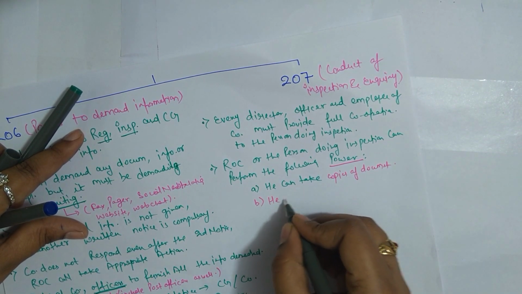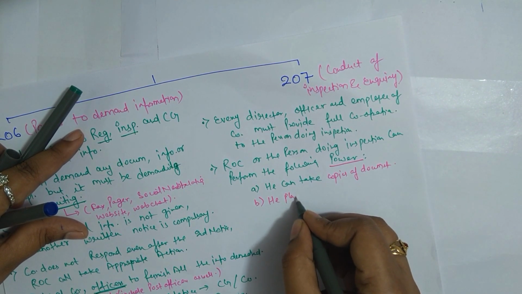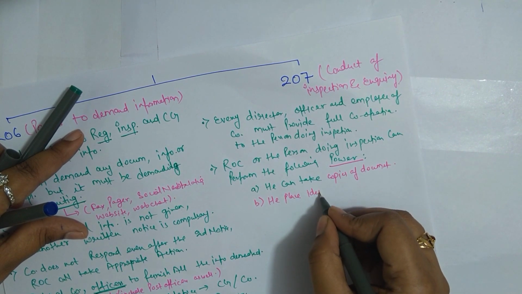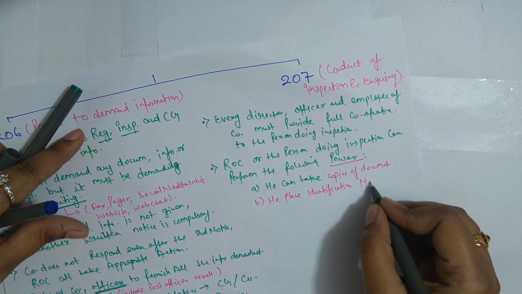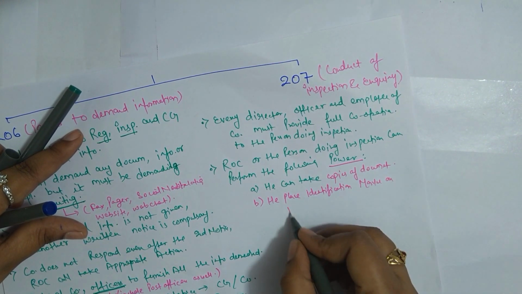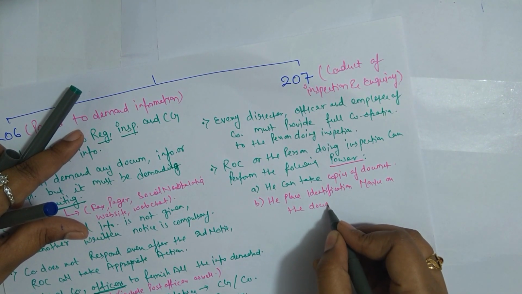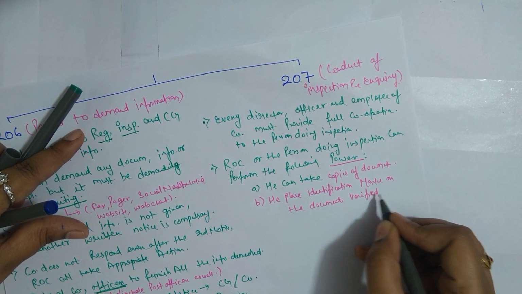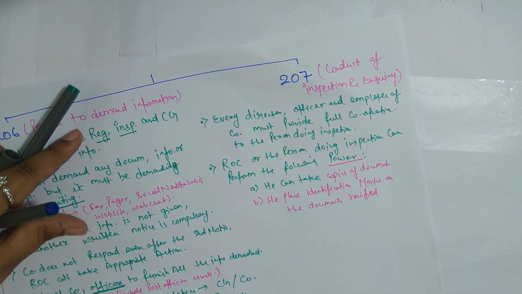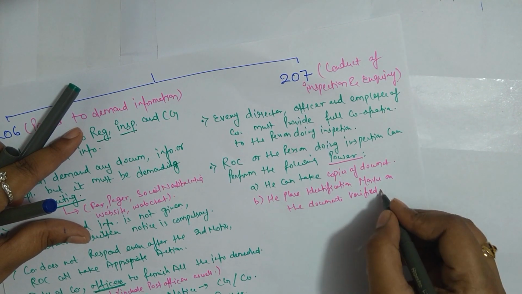Second, he can place identification marks on the documents verified. For a document already verified by the inspector, he or she can put any type of verification or identification marks there.